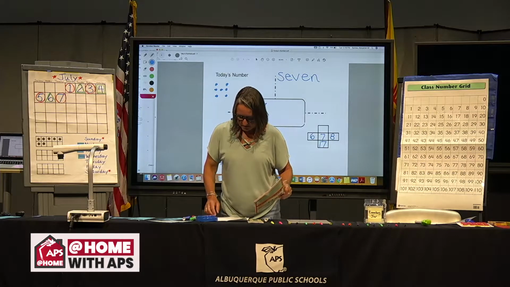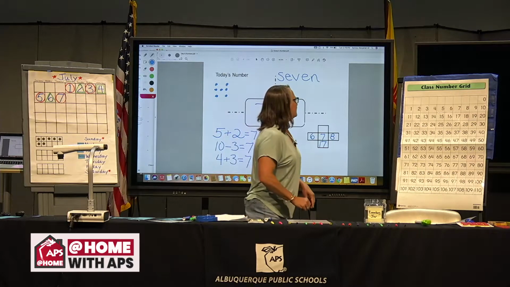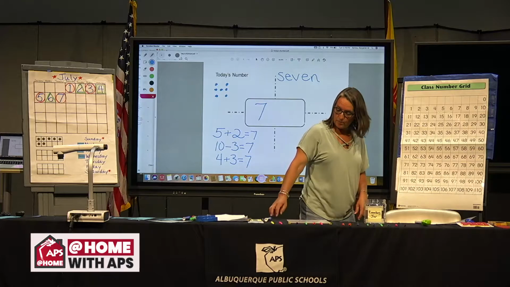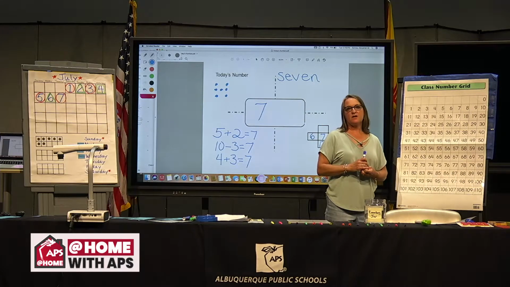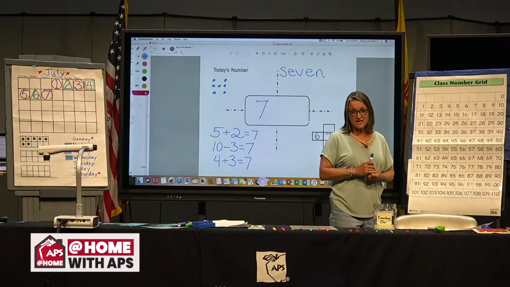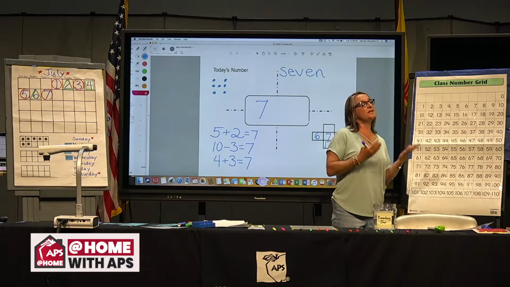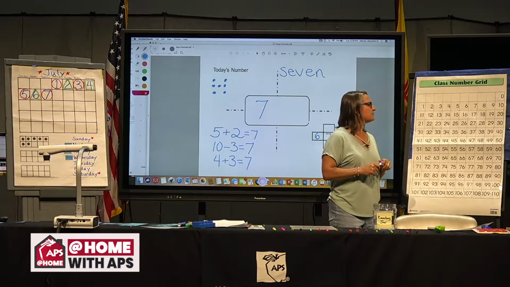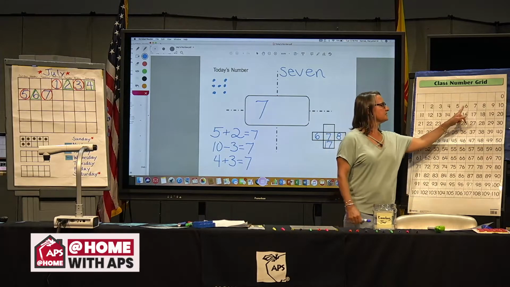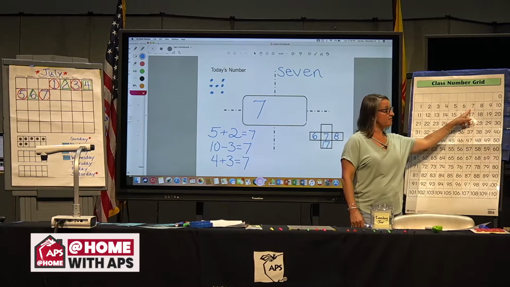We're going to do a little bit of counting. We're going to do some interesting counting today. We're going to count by twos, but guess what? We're going to count from 7. Did you know you could do that? Just like we can count by 10s from any number, we can count by 2s from any number too. Let's do a little practice with that. So 7, remember it's like counting every other one.